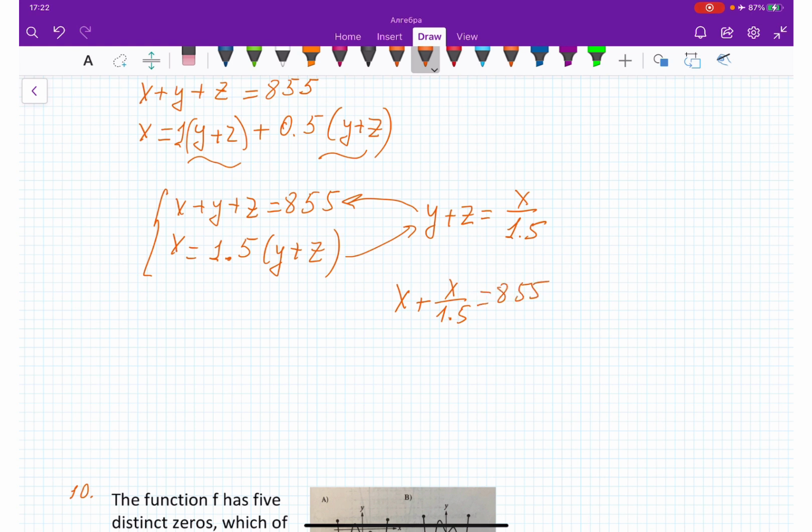855. So bringing to a common denominator, it's going to be 1.5x plus x is equal to 1282.5.